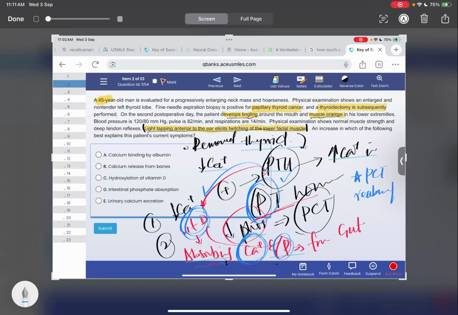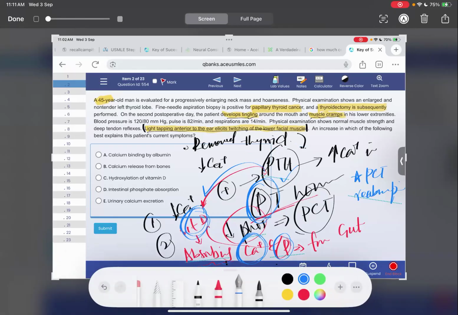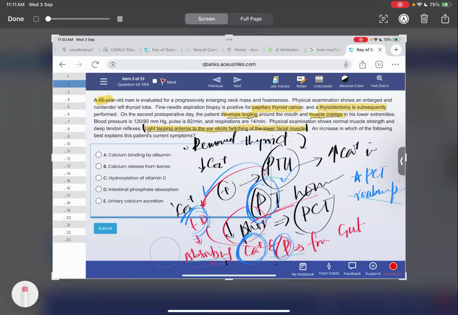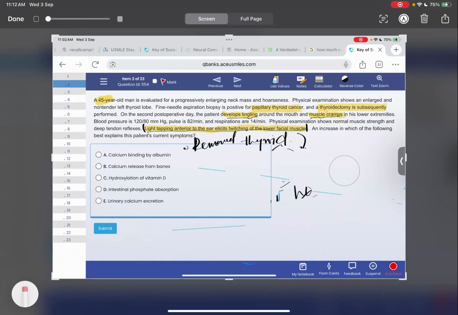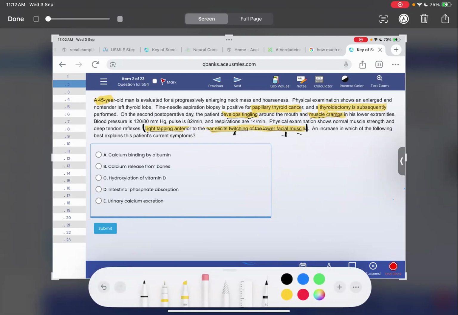The other effects are not that significant, so don't confuse the parathyroid action on phosphorus in bones and intestine. The main effect causing the decrease in phosphorus is in the proximal tubules. So you got the parathyroid functions. We discussed the parathyroid, so it will help in our questions.